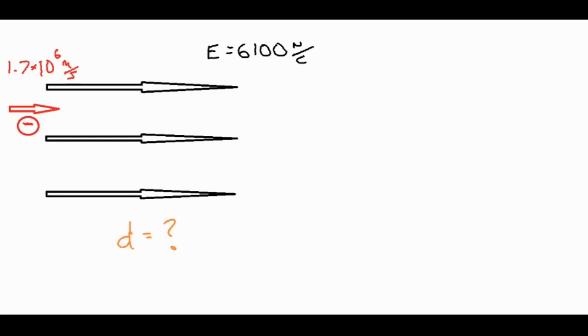So if we know that the electron has some kind of velocity, then we can safely assume that it has some kinetic energy, and kinetic energy is 1/2 mass times velocity squared. And if we know that it has kinetic energy that is eventually going to come to zero at some point, then we know that work is being done.